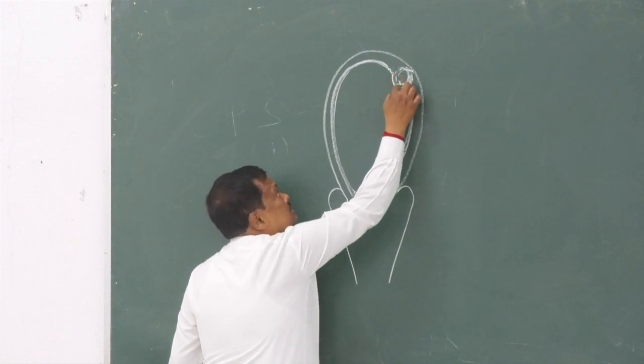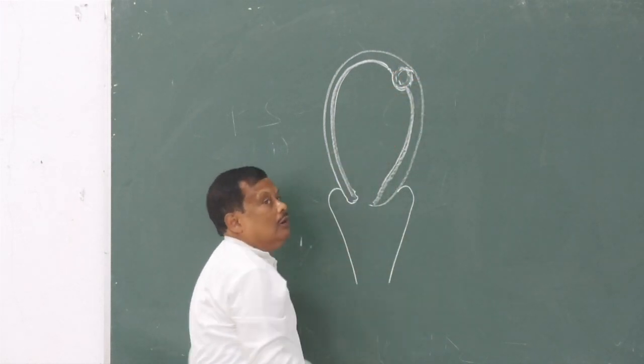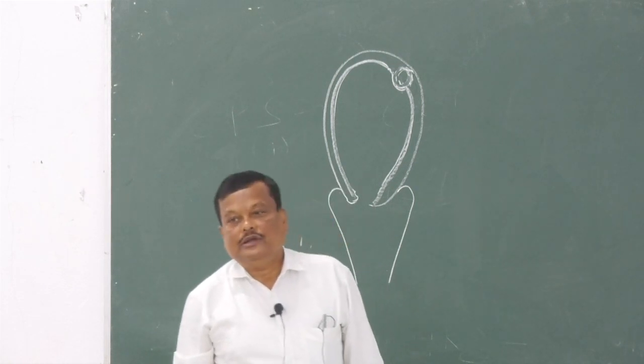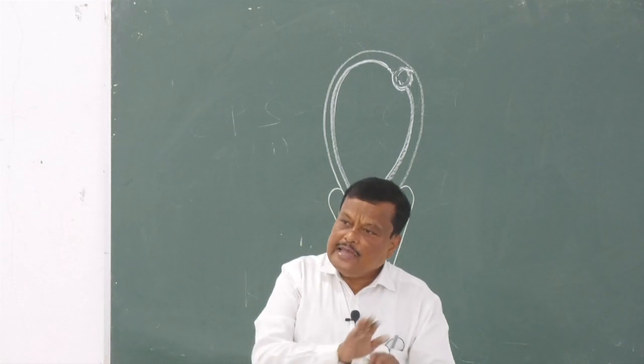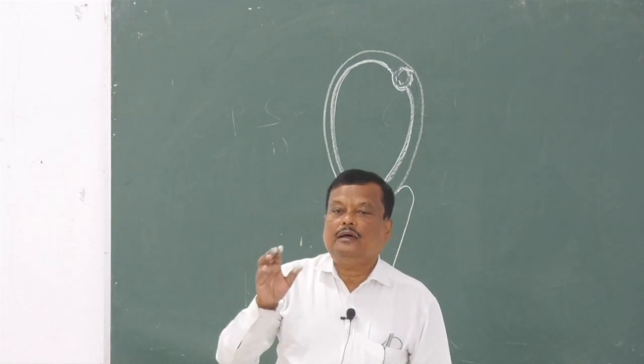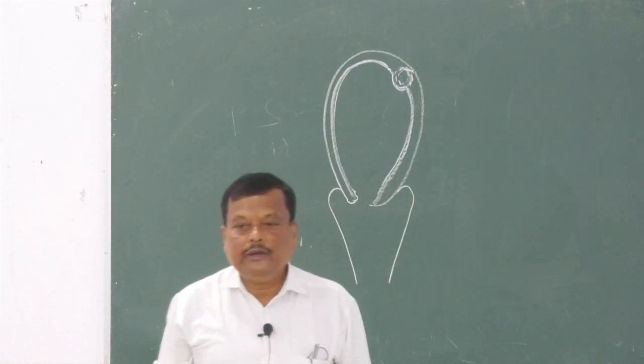This portion surrounding the blastocyst we call decidua capsularis. Same thing, but why do we differentiate?